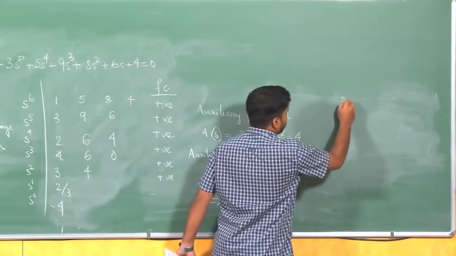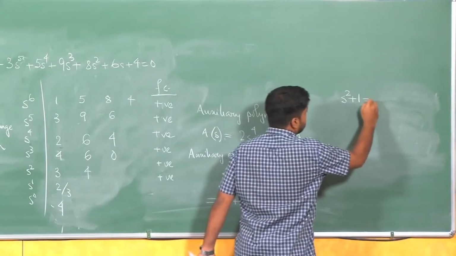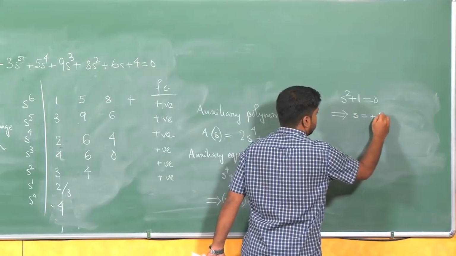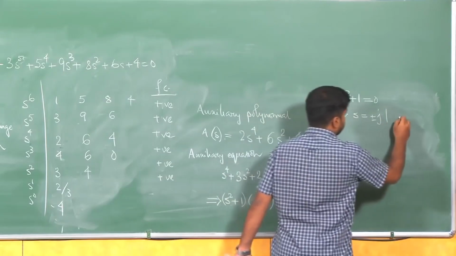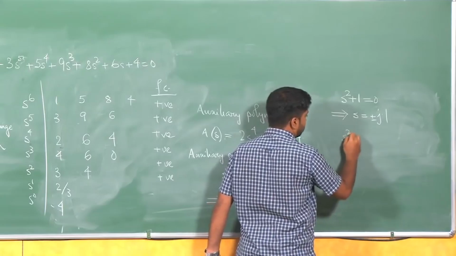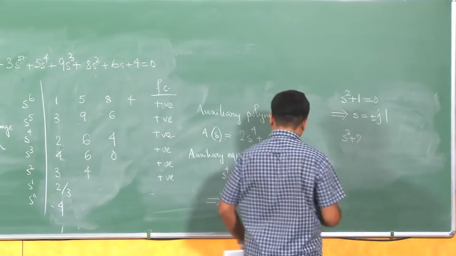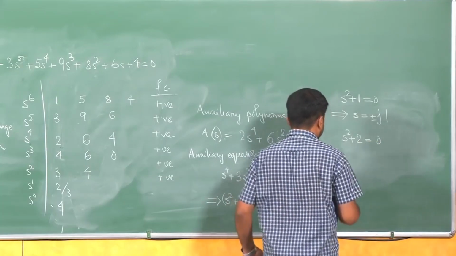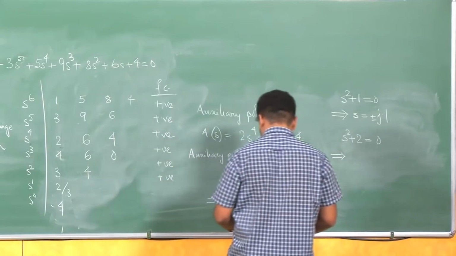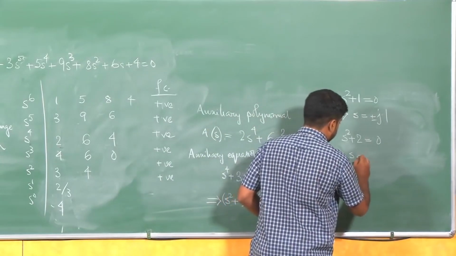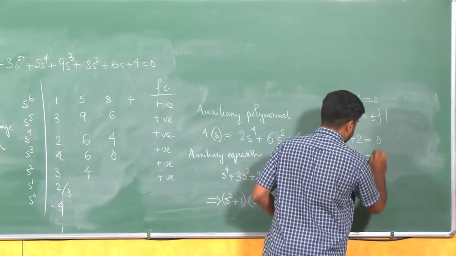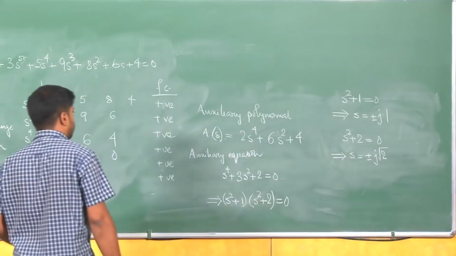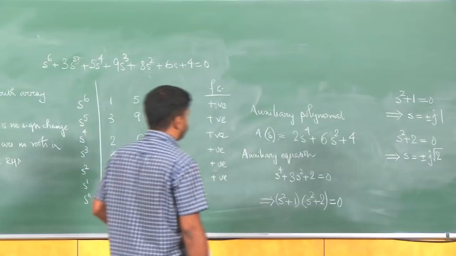So, for s square plus 1 equal to 0, we get s is equal to plus minus j into 1, and for s to the power 2 plus 2 equal to 0, s is plus minus j root 2.